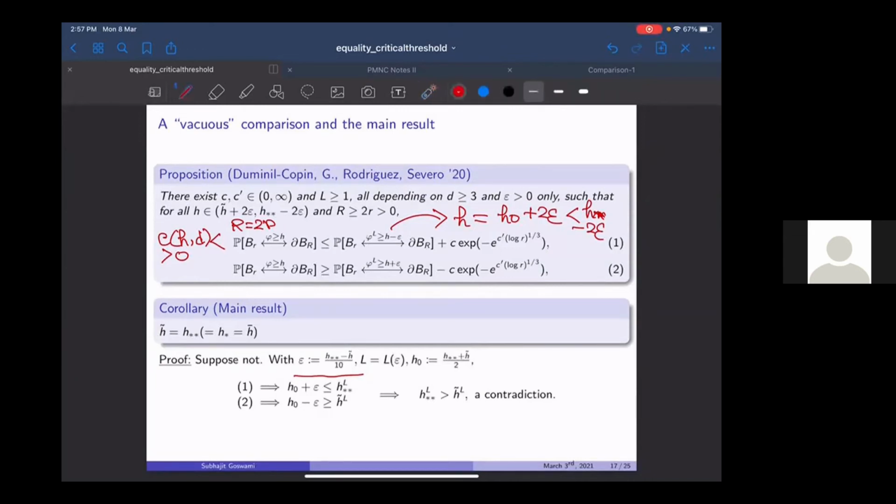Now do the same thing here in this bound again with H instead equal to, I think, H0 minus 2 epsilon. Okay, do the same thing. Again, you can just verify similarly, because epsilon is small, that you have all the required conditions, and this immediately gives you again a lower bound on this in terms of that.